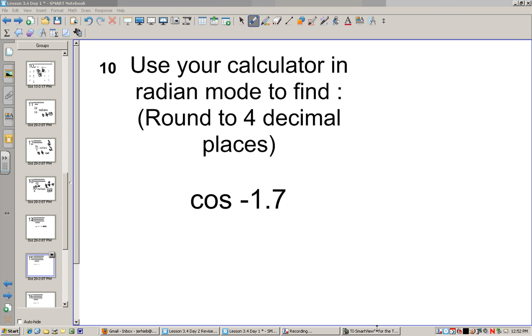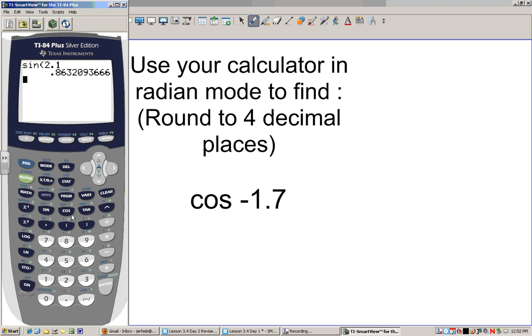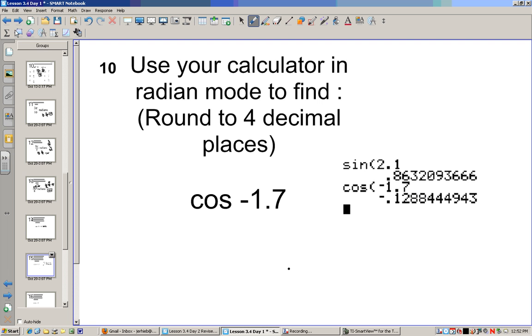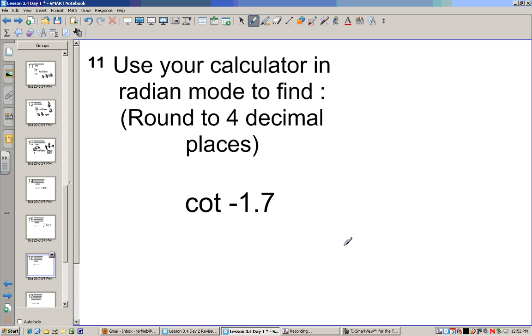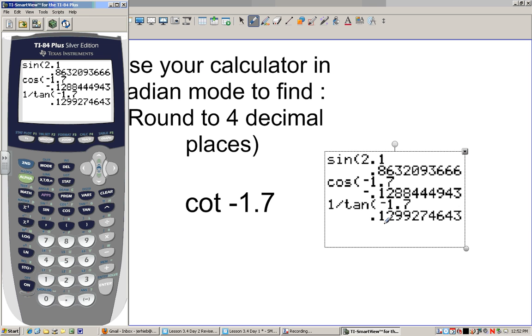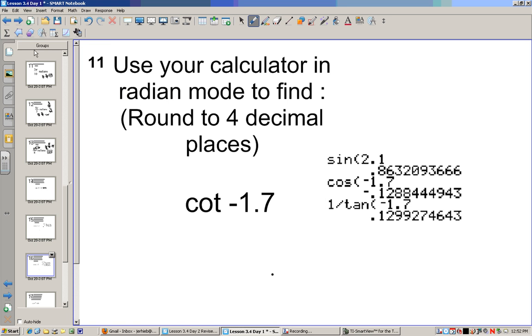If I want to do the cosine of negative 1.7, you just type in cosine negative 1.7. And that answer is negative 0.1288. Cotangent of negative 1.7. Remember, cotangent is 1 over tangent. So that's negative 1.299.